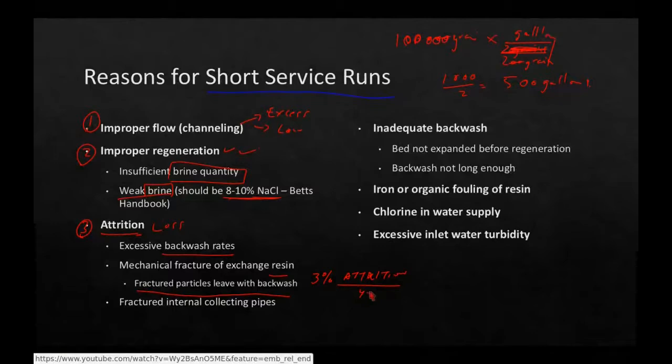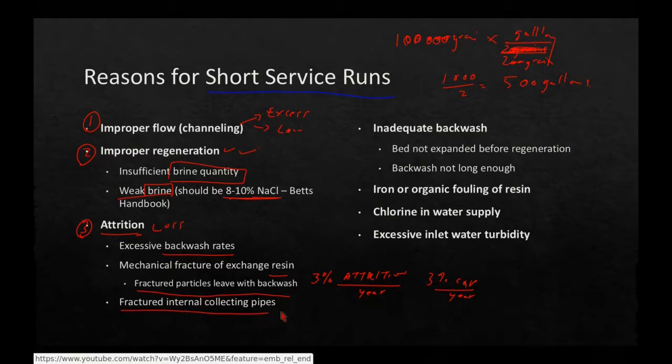That means 3% of my beads are lost due to mechanical damage. They turn into very fine beads. They go with the backwash, which means that I lose 3% capacity per year. So that's normal attrition loss of materials.